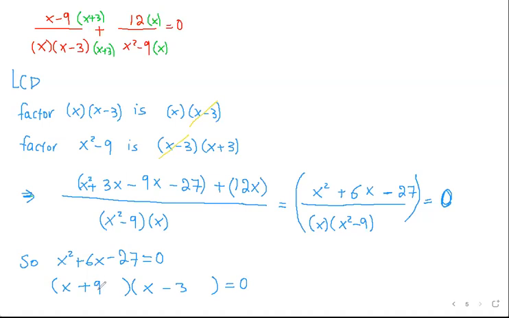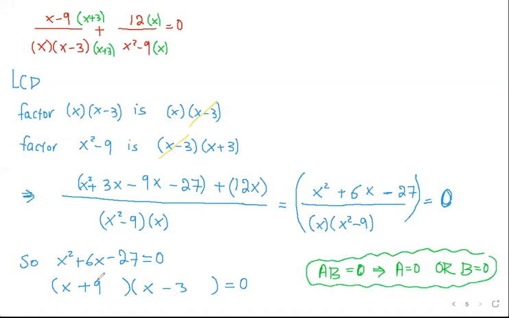Exactly. Now, like we learned last time for quadratics, using this property: if I see a times b equals 0, this means a equals 0 or b equals 0. So the first one equals 0 or the second one equals 0.